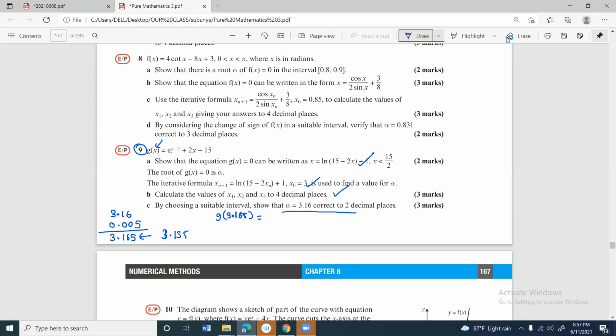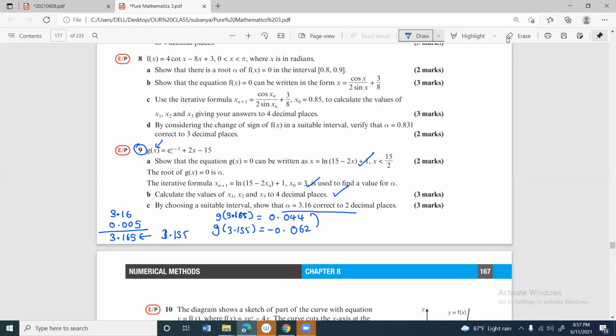So the first answer is 0.044. For the next answer, we replace 3.155. Replace those two figures separately. So there you get the answer minus 0.062. So you can see the sign changes, no?